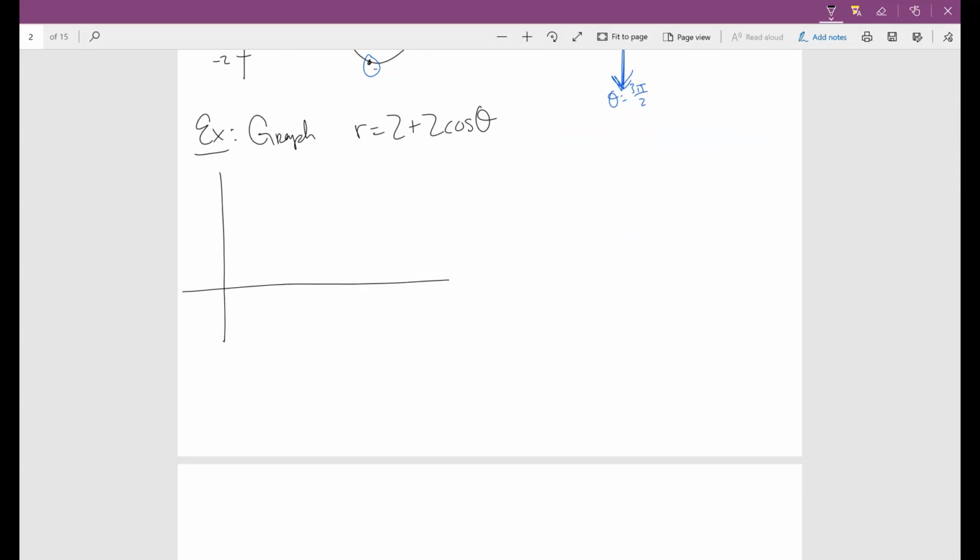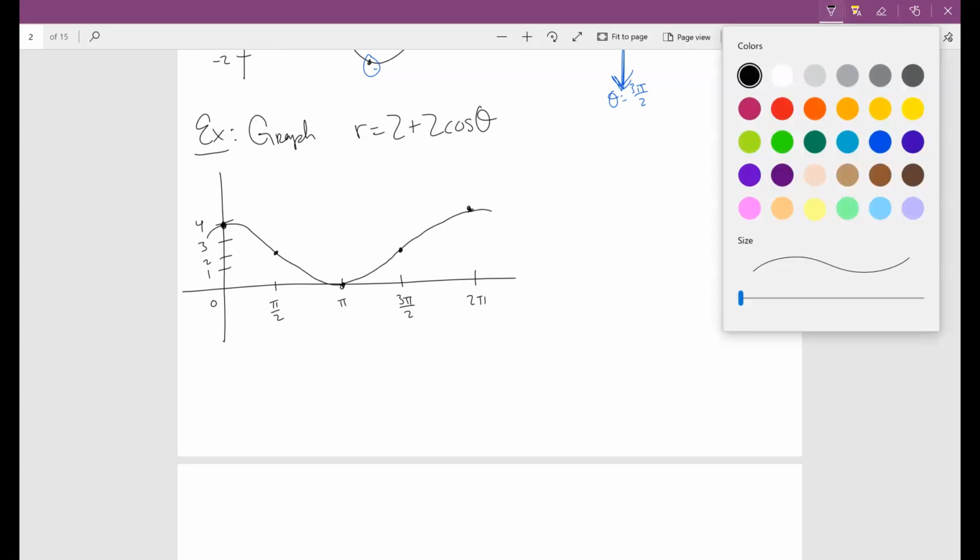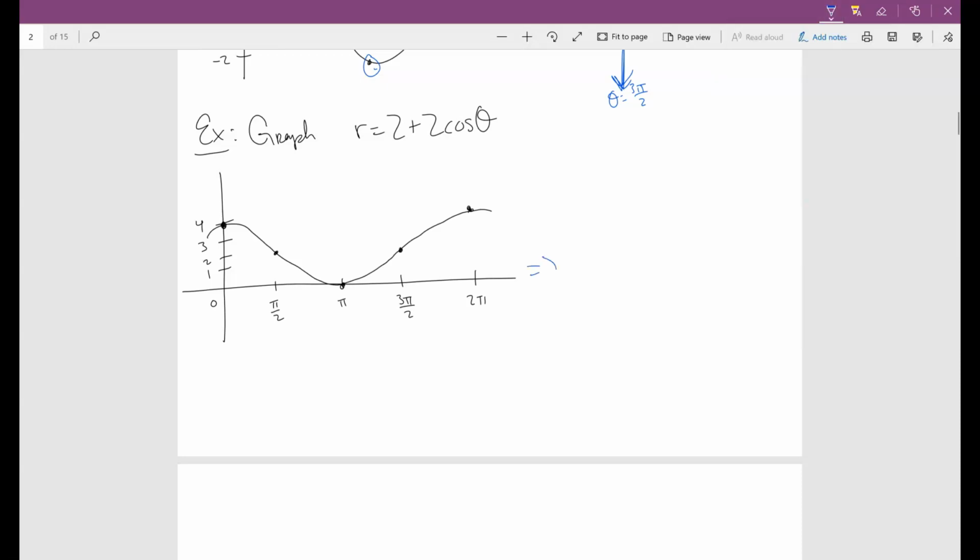Okay, so it's going to be 0, pi over 2, pi, 3 pi over 2, and then 2 pi. Now, we all know how to graph, so I'm just going to go ahead and tell you what this graph looks like. Okay, we've done this already, so this shouldn't be a surprise.